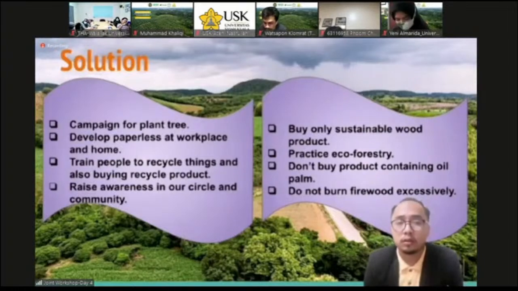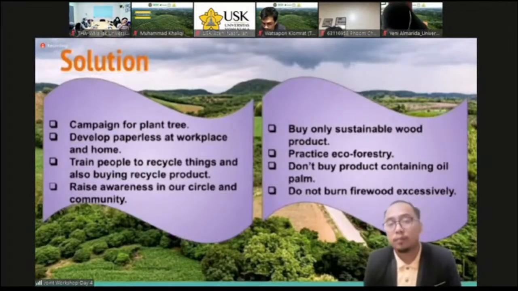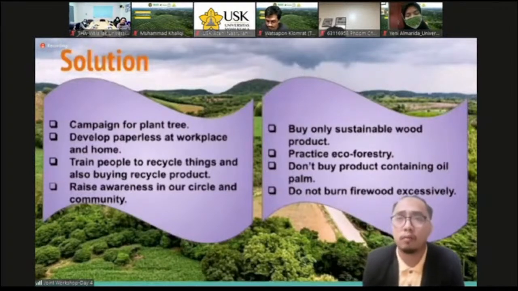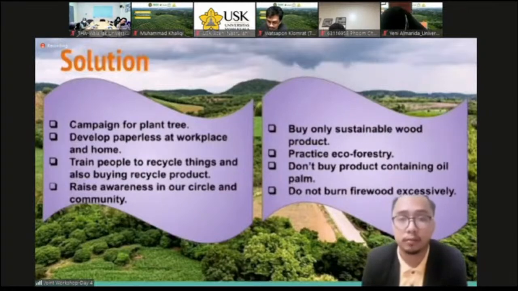We need to ensure the products that we purchase are certified by the Forest Stewardship Council, which is FSC. Moreover, we can also practice eco-forestry, which means the restorative method of forest management.